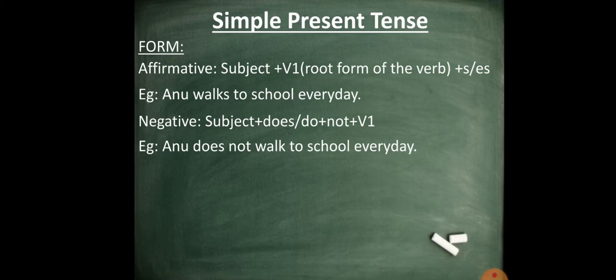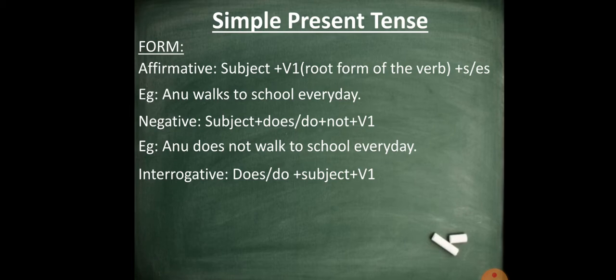To change this into its interrogative form, the formation will be do, does plus subject plus V1. Remember, whenever we are changing a sentence into its interrogative form, it will be followed by a question mark. You will end the sentence with a question mark.